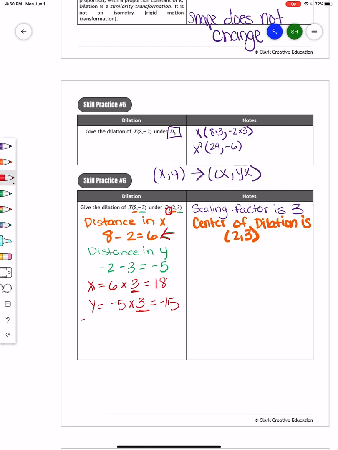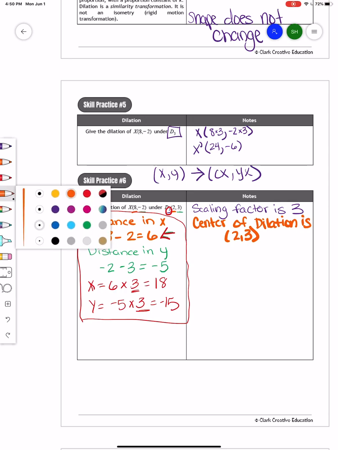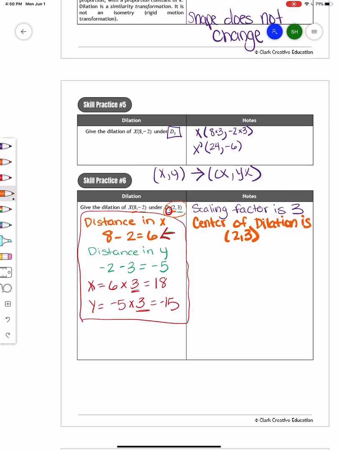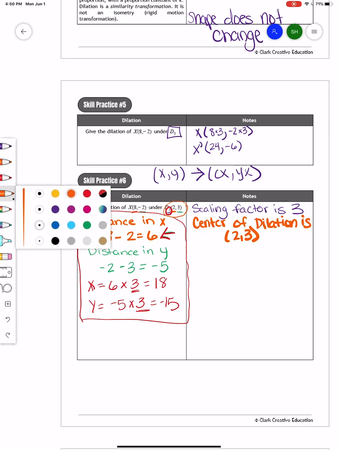Once you have this, you can find your actual point. So your next step would be to add back in that original point. This original point right here, you're going to add back in.